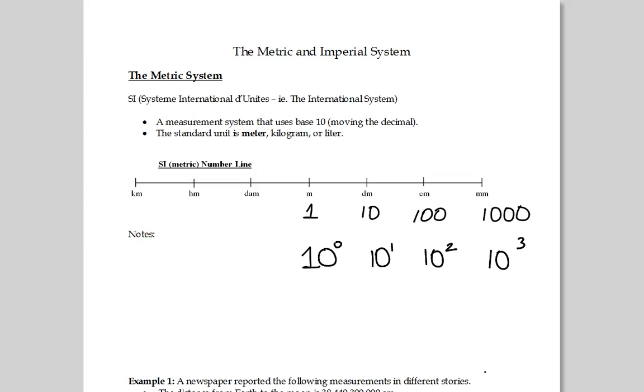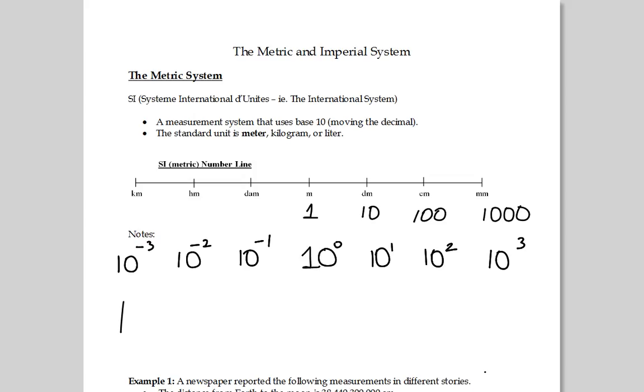So it's just factors of 10, and how many factors of 10? Now look at that pattern. 0, 1, 2, 3 as I go to the right. So what do you think it's going to be on the left? Yeah, negatives. -1, -2, -3. So what does that mean?